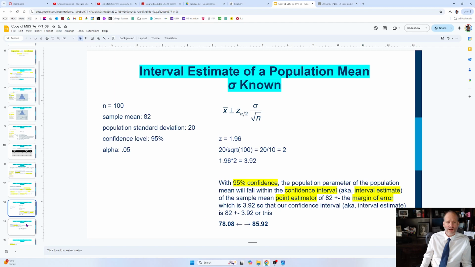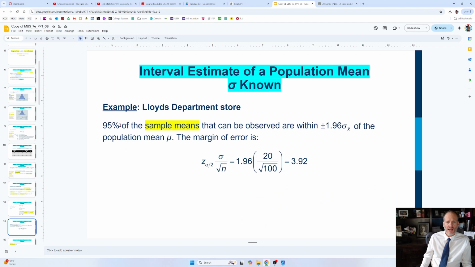If we look at how the book did this, 95% of the sample means that can be observed are within plus or minus 1.96 standard error of the population mean, the margin of error.